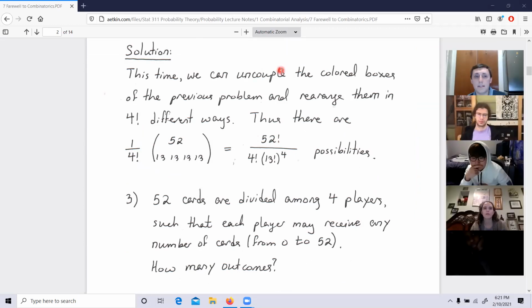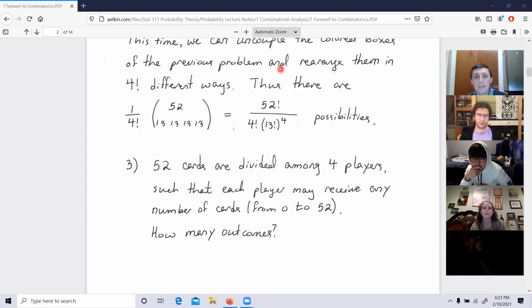Next is this question. 52 cards are divided among 4 players such that each player may receive any number of cards from 0 to 52. How many possibilities?